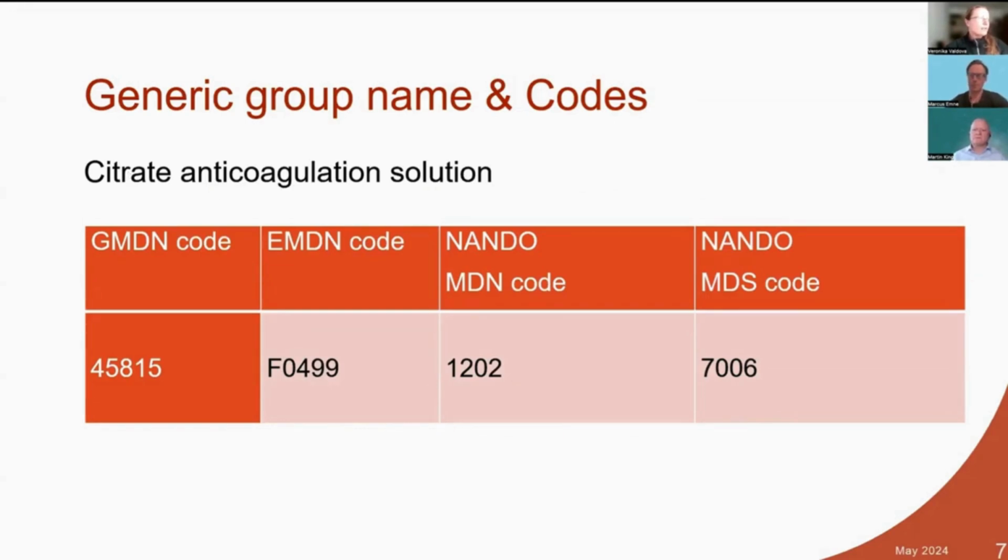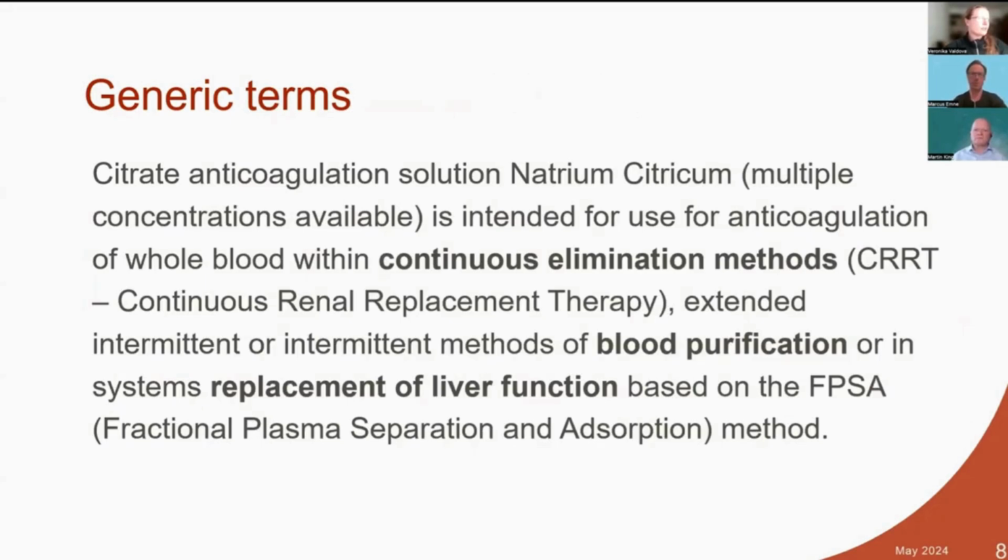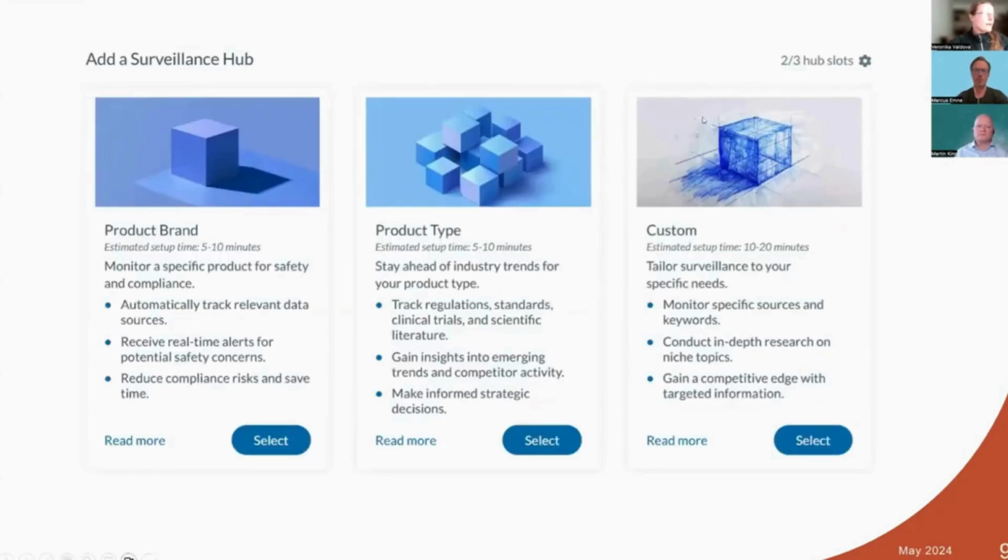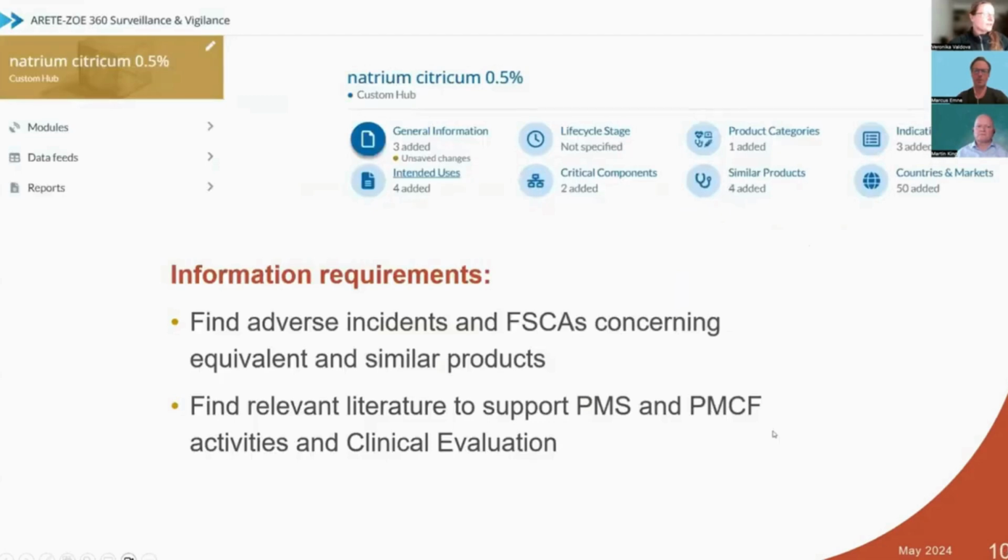So whenever I search for any kind of product, I try to use some standard terminology as much as possible. I can prepare a custom hub, which is what I've done in this case. And we can go through all those tabs that define what kind of information I'm searching for.